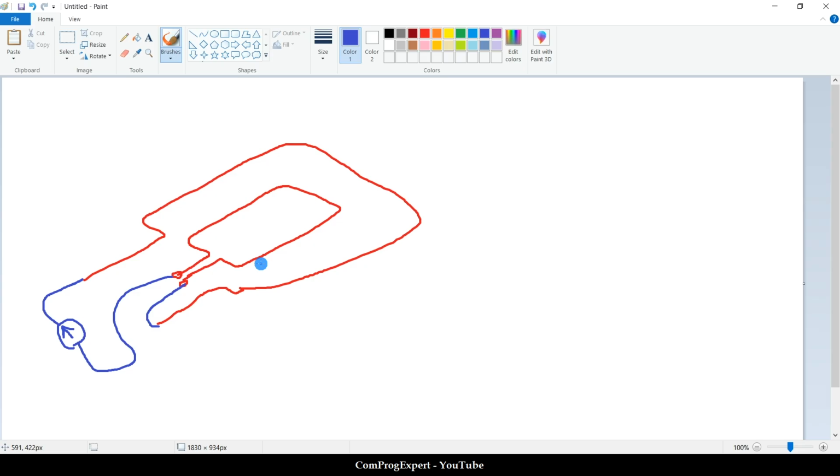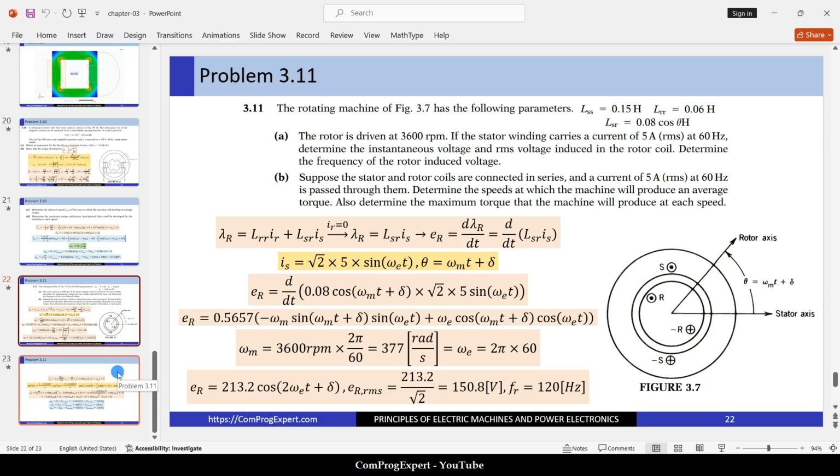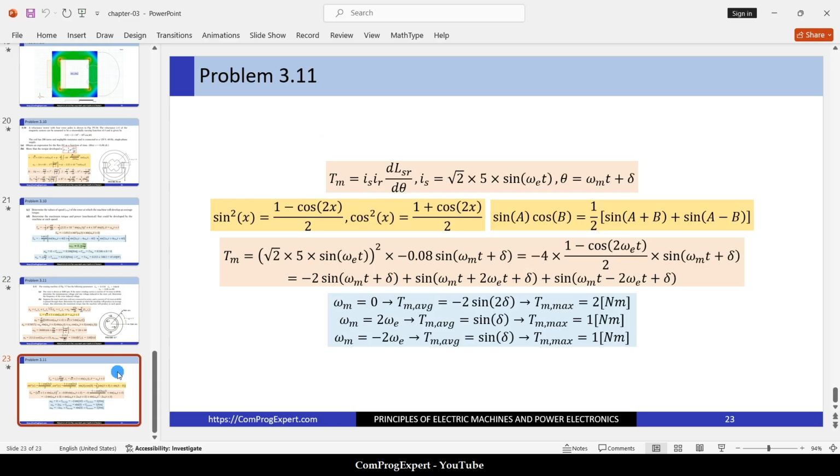And we have flux linkage variations for the stator coil and for the rotor. These are not important to answer this part of the problem, because we just need to calculate the torque. We know that the magnetic torque is Is times IR times the derivative of the mutual inductance with respect to theta.